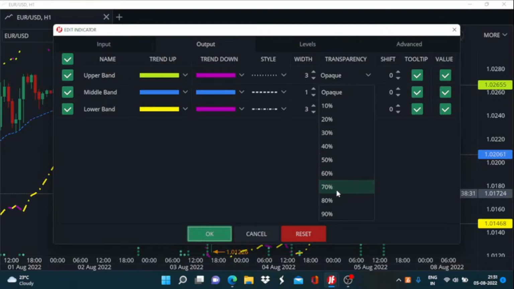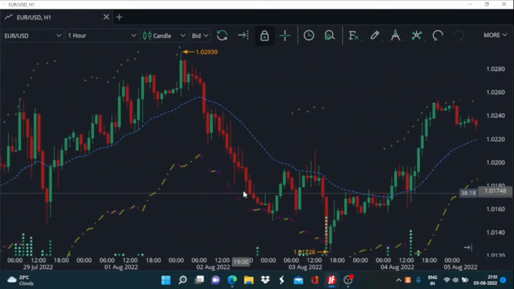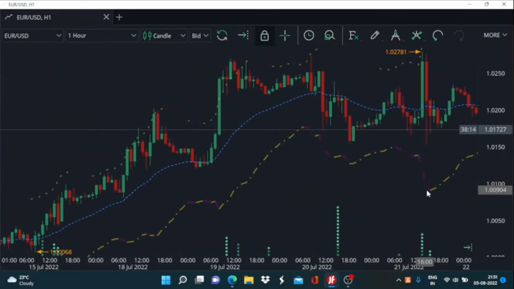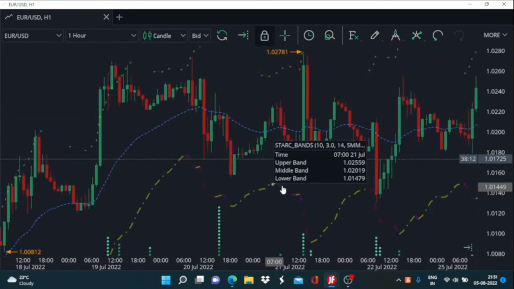Now with this new platform we have transparency options available till 80, 90. So I will place it at 60. Okay, so this is the combination.